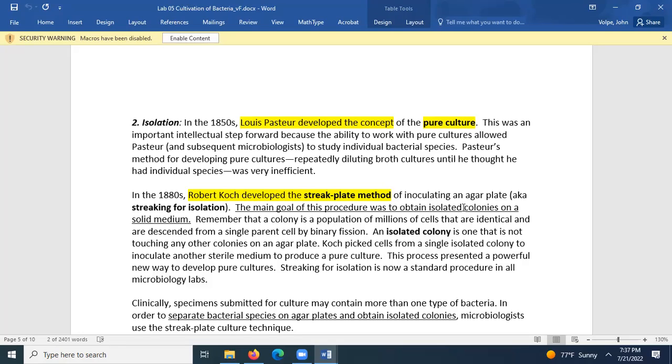And if in that dilution you only had one tube that had growth in it and 9 other tubes did not have any growth in it, then you used the bacteria growing in that one tube and said it was probably a pure culture because very few organisms were derived to cause growth in the tube.